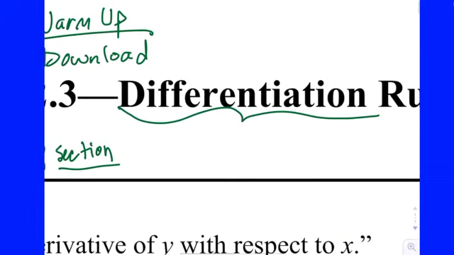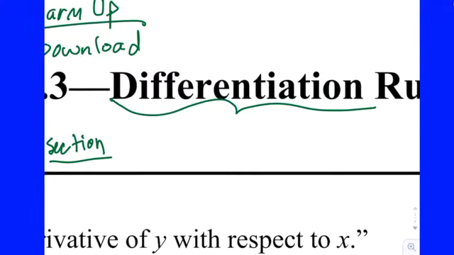Differentiation in education means making a different task for each and every one of you in this class, depending on your individual abilities, which is really hard to do, right? So we'll talk about differentiation from a calculus perspective instead, okay?